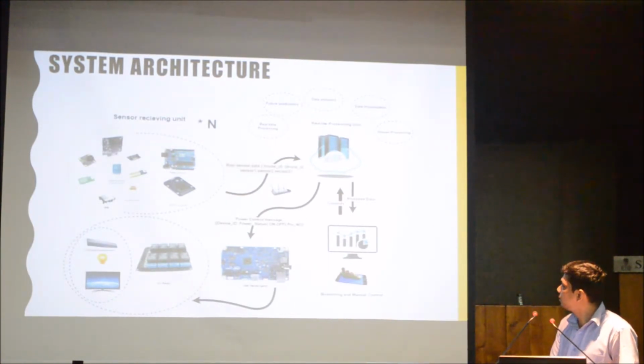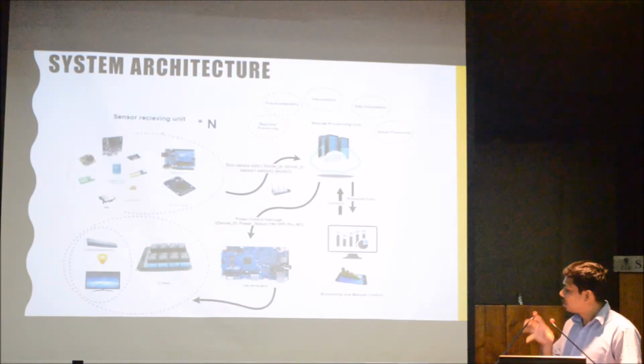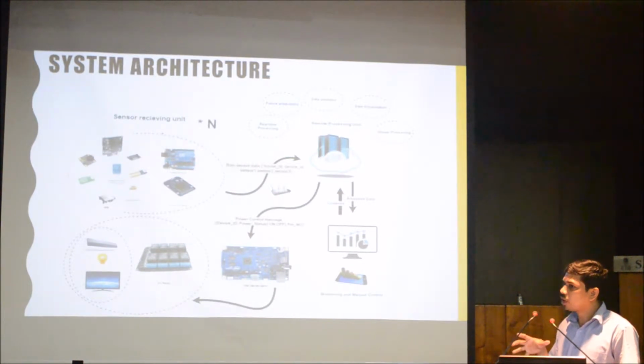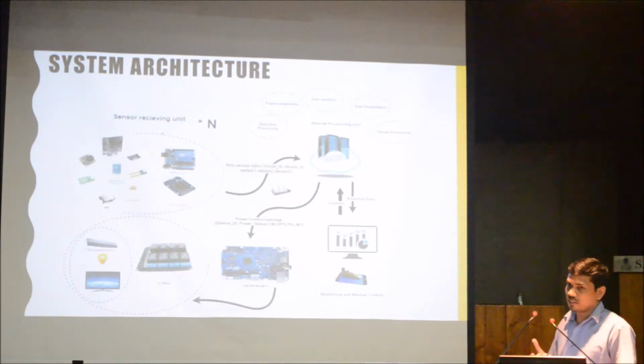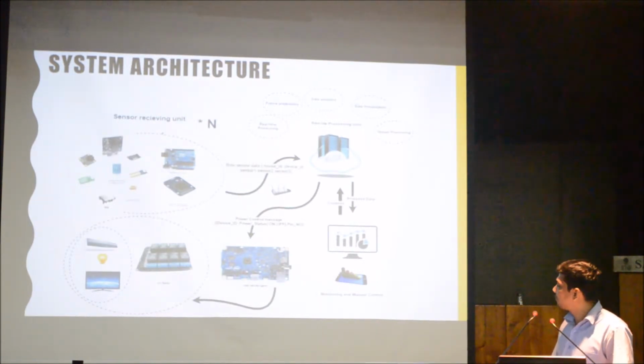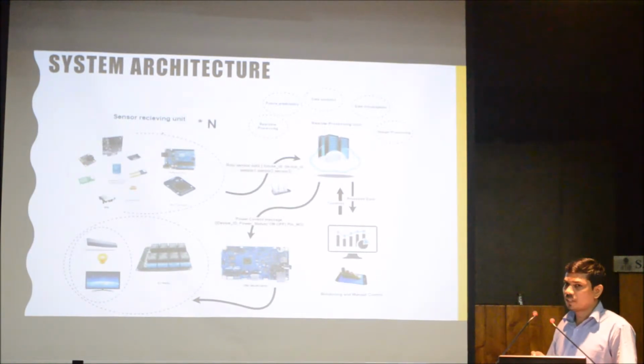This sensor receiving unit will be placed in every room. Wherever you are controlling your switch, you have to have a sensor receiving unit. It depends on the requirements. For example, if you are controlling the light, then a light sensor as well as a motion sensor is very essential. Likewise, depending on the situation, you need different sensors.